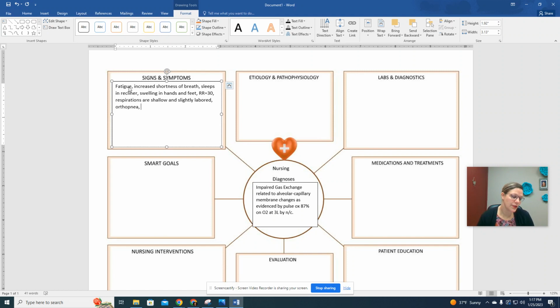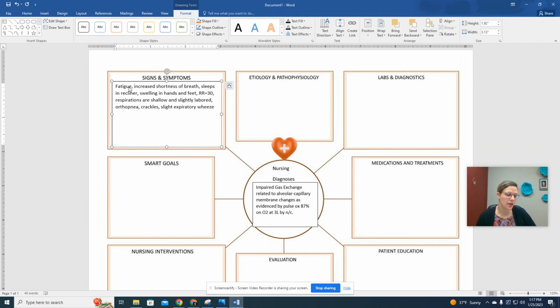So I think we have the crackles there. I think crackles are important. And then a slight expiratory wheeze, because it's overall Longfield's. And then I think that's it that I'm going to put in signs and symptoms.